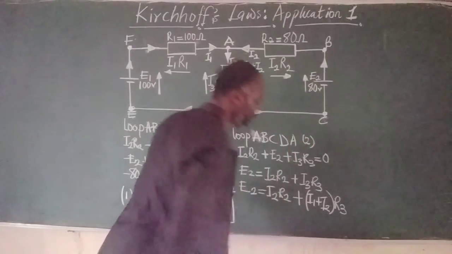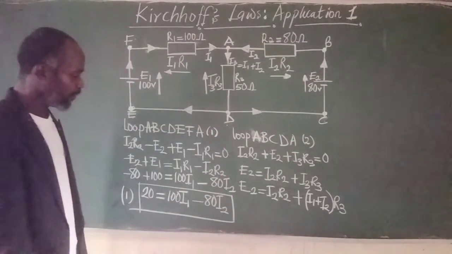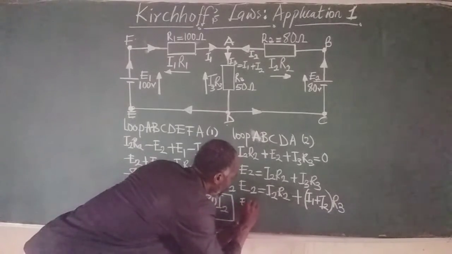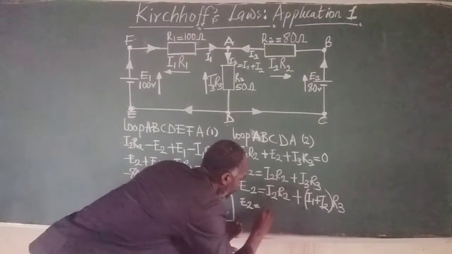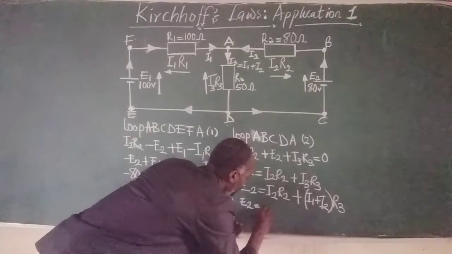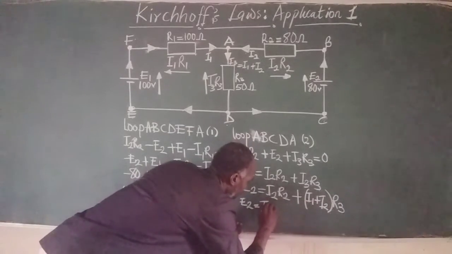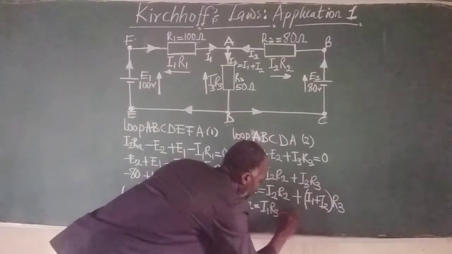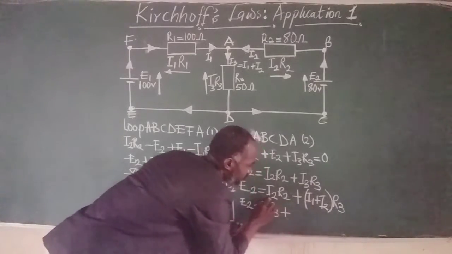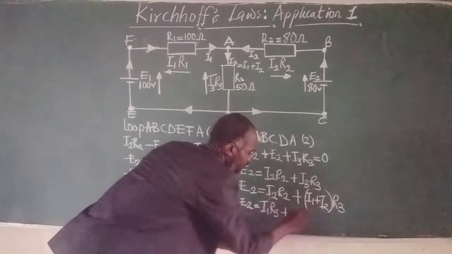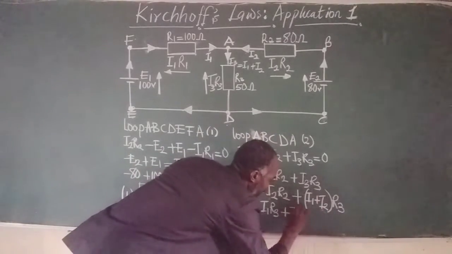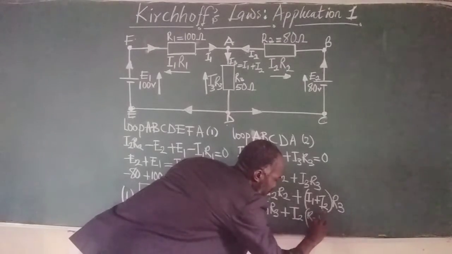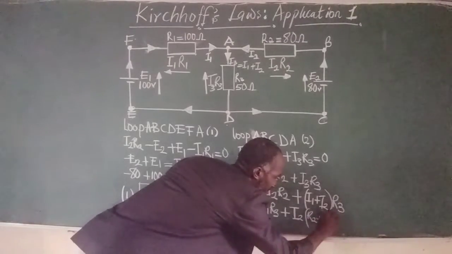Further, E2 is equal to, if we open this bracket, current 1 R3, and because I2 is going to appear, we take I2 as common: current 2 times the bracket R2 plus R3.